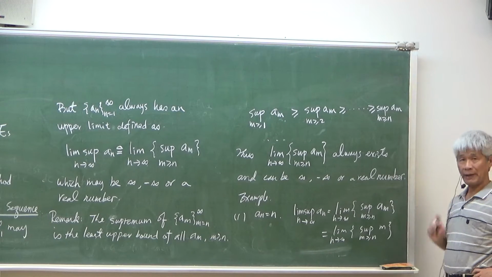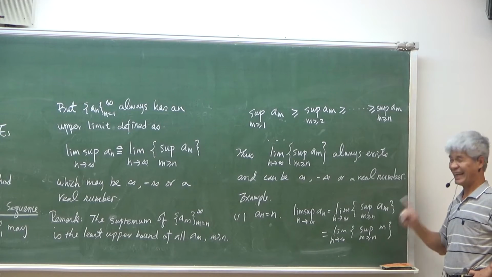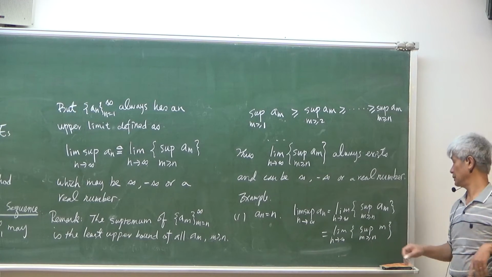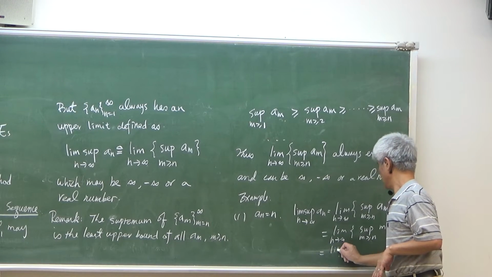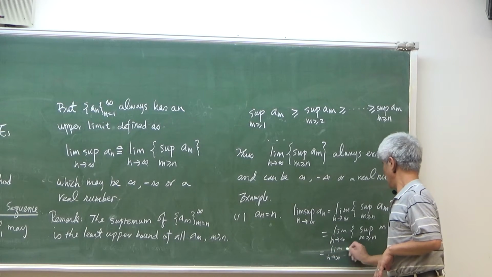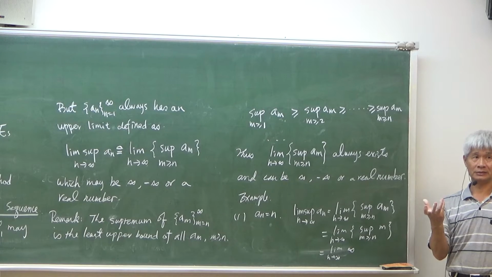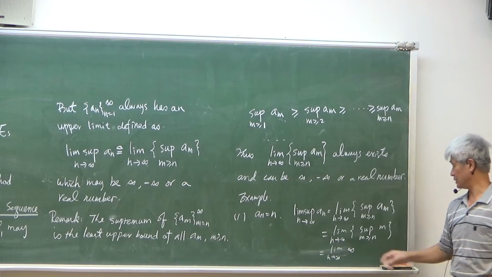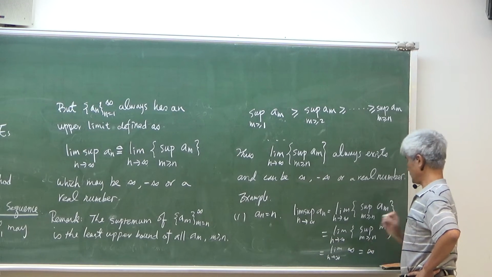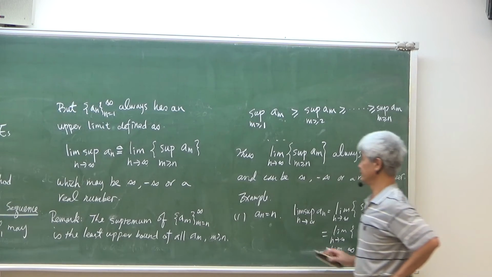Now, this is unbounded, right? If m greater than n, it will go to infinity. So every sup is infinity. So of course the limit is infinity, okay? So you get infinity here, right?